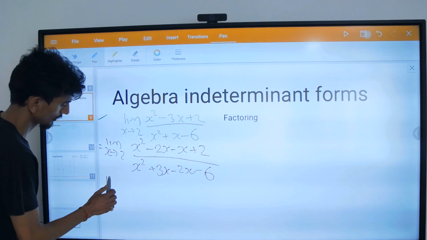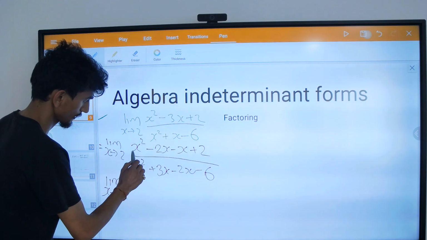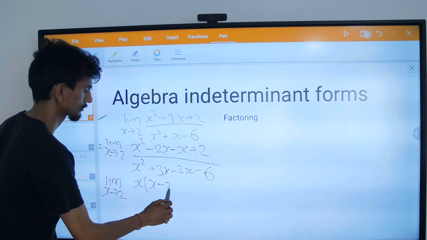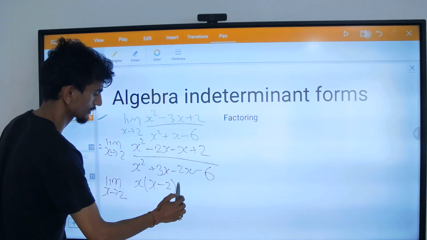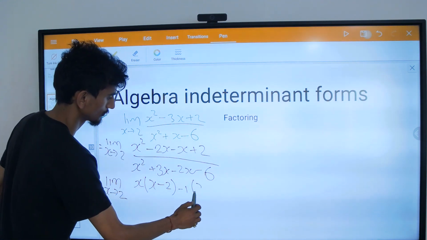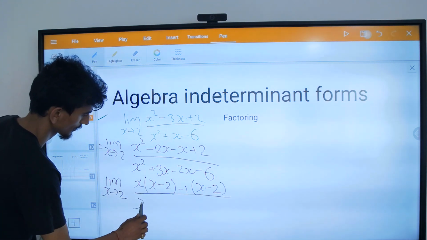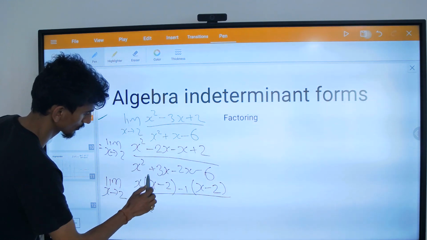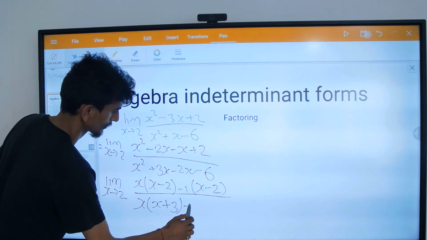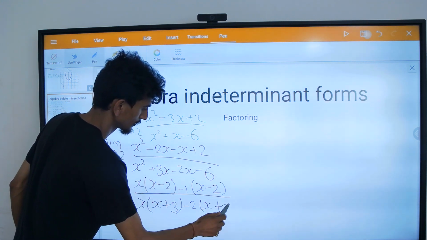This equals the limit as x tends to 2. Let's take x common from the first two terms: x minus 2. From the next two terms, we can take minus 1 common: minus x plus 2. Divided by, again taking x common from the first two terms, x plus 3, and minus 2 common from the others, minus 2 times x plus 3.